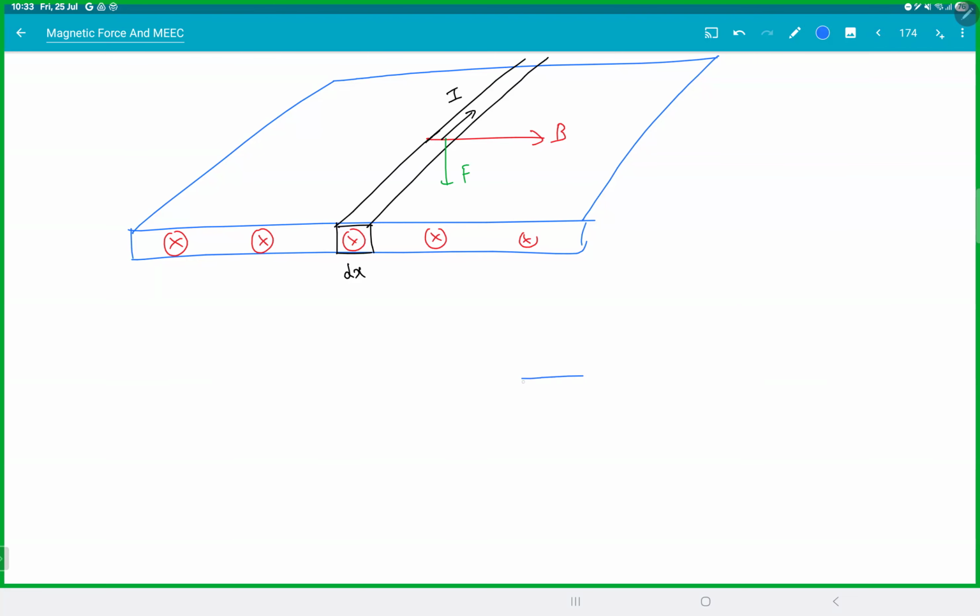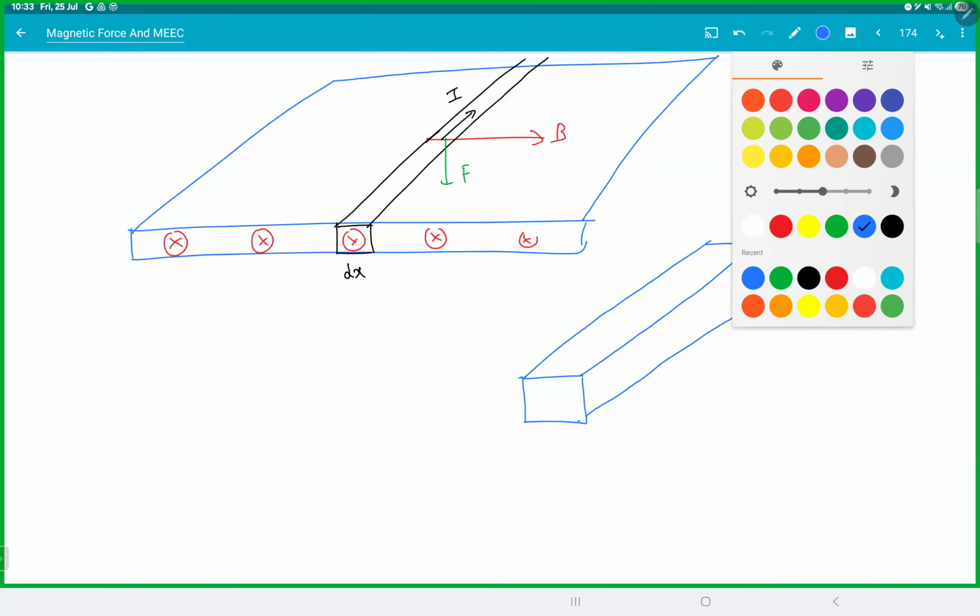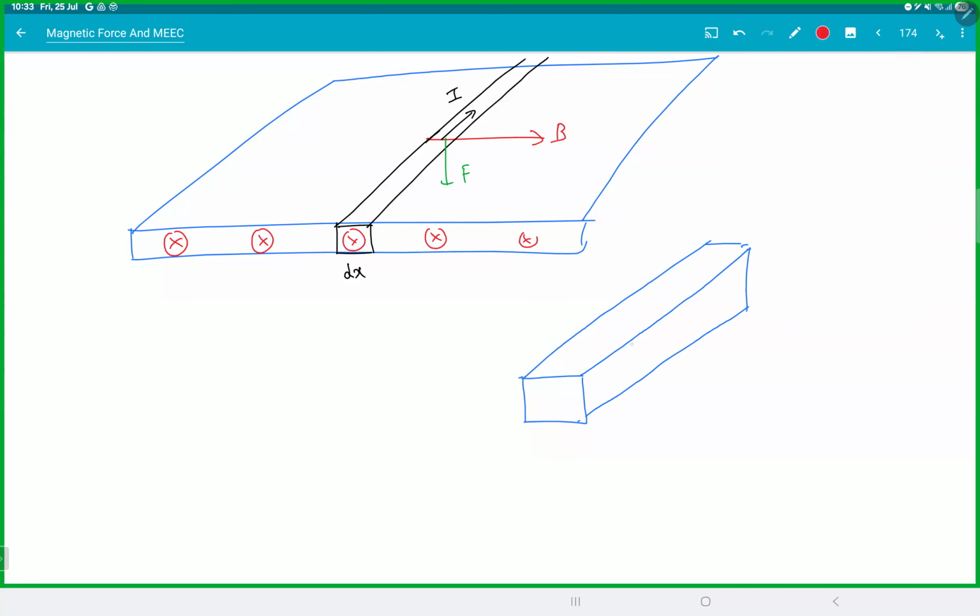If you take this thin cross section, it looks like a Kit Kat bar. So on these surfaces you're getting a shearing force, isn't it? This will be the tension and this will be the tension. And this is pushing down, isn't it?